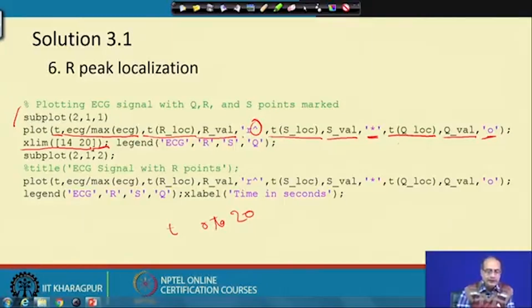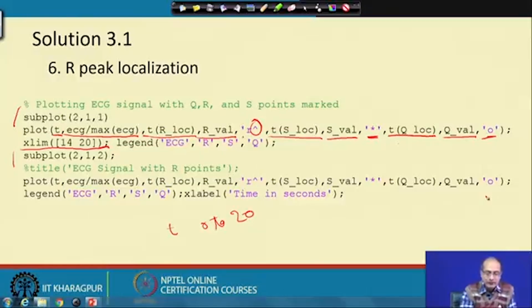Okay. And again in the subplot 2, we are doing the same thing. Here we are showing the full signal. So, at the top we are taking a part of it, so that we can separate the points Q, R, S, and we can appreciate that.